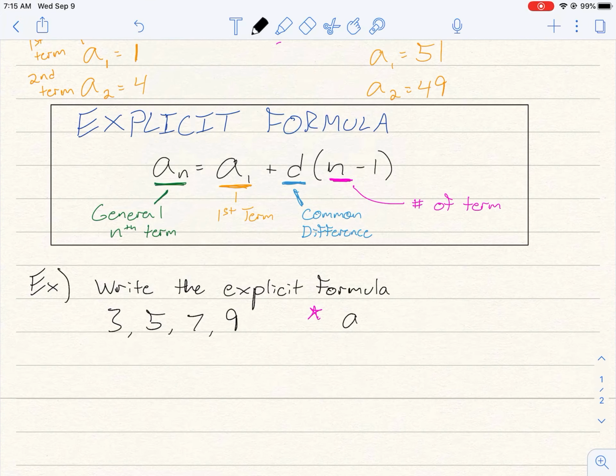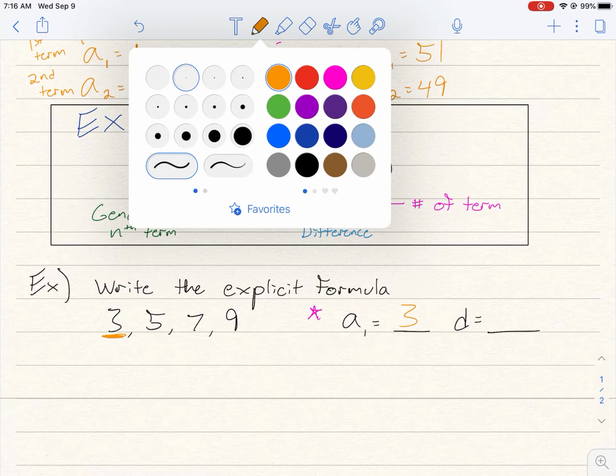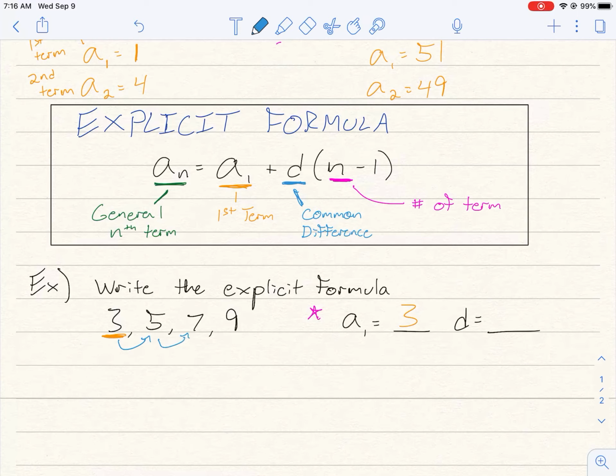You need the first term, so a sub 1, and you need the common difference, d. So, the first term is in your list here. There's no math that you really have to do to figure that out. So, a sub 1 is 3. You could do that right away. With your common difference, you have to figure out from number to number, what are you doing each time? Notice that we're adding 2, adding 2, adding 2. So my common difference is a positive 2.